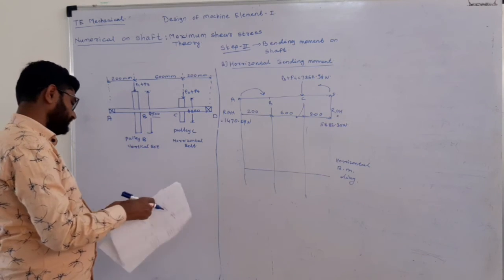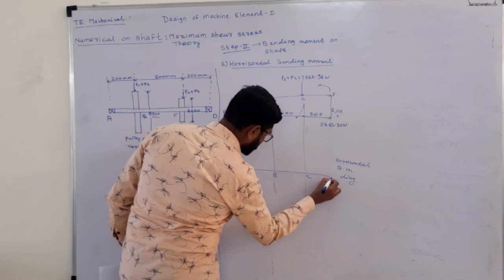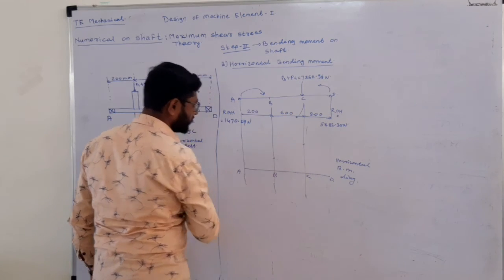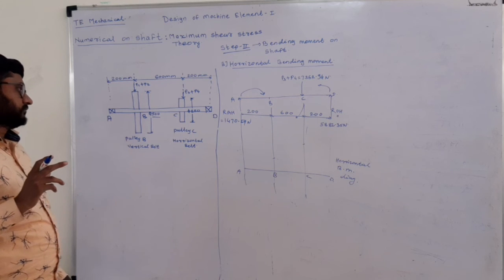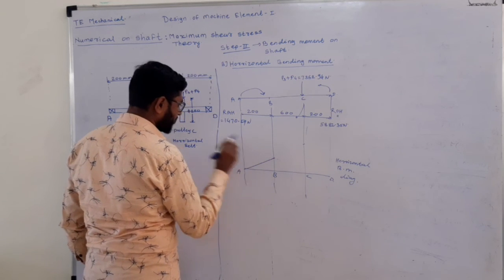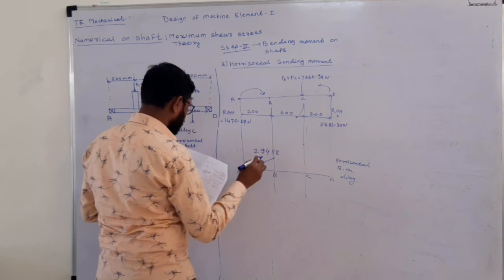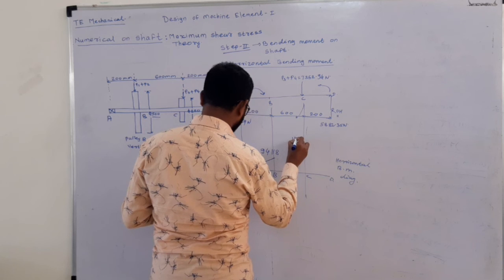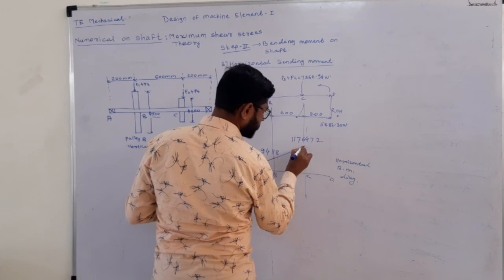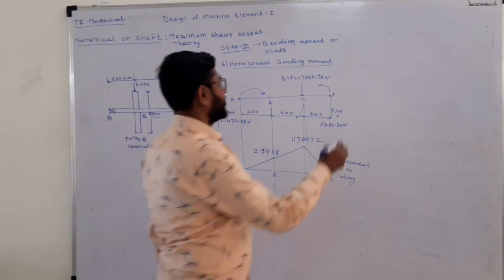We know that here are points A, B, C and D. Bending moment at point B we have already found, and at point C. Bending moment at point B is 294118 and bending moment at point C is 1176472. This is nothing but the horizontal bending moment diagram.